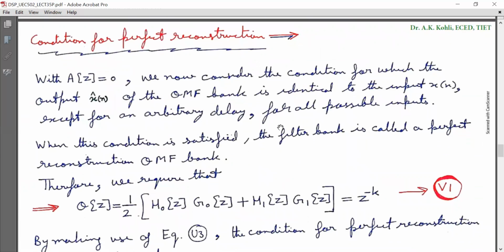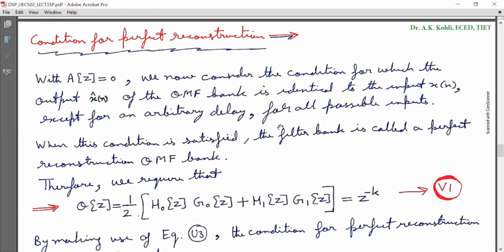Now the condition for perfect reconstruction. Now we want to reconstruct the signal. With A(z) equal to 0, we now consider the condition for which the output x cap[n] of the QMF bank is identical to the input x[n], except for an arbitrary delay, for all possible inputs. For the above analysis, we made an assumption that we have directly attached the analysis bank with the synthesis bank.